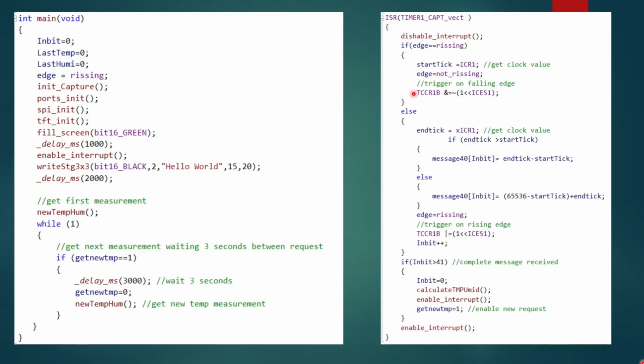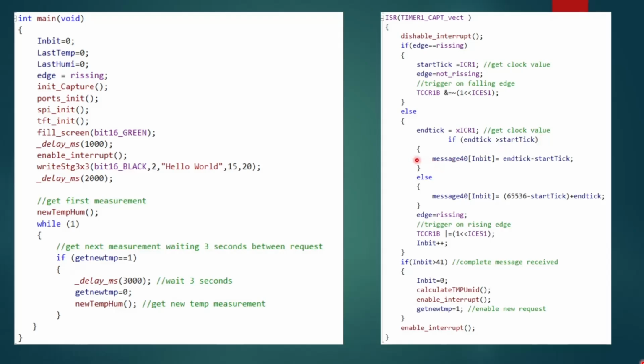Now, the next time this routine gets triggered, the edge is going to be not rising, so it's going to go to the else. So what we do with the else, the first thing we do, we grab the clock value. And then we ask, is the end tick greater than the start tick?